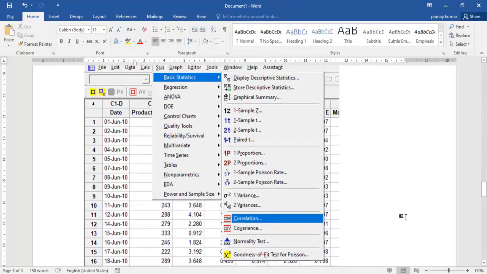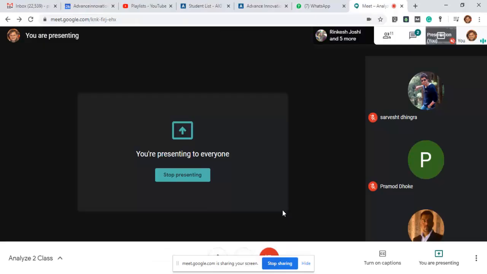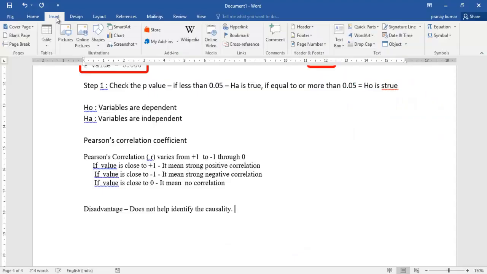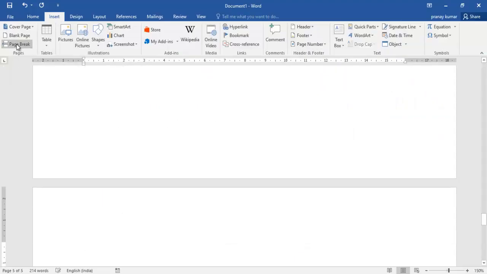Everyone, please go to stats, basic stats, correlation, and choose your y and x and conduct this test for the same production and for a couple of others. Okay? Sarvesh, you've done? The next test that we have is the regression analysis.